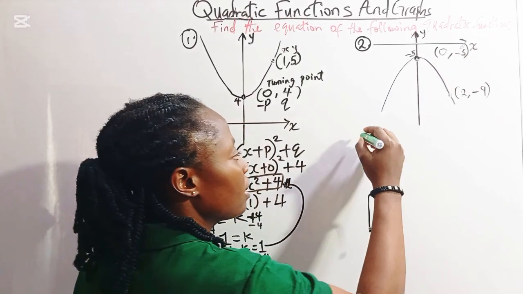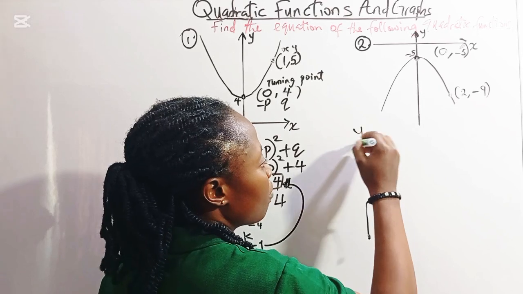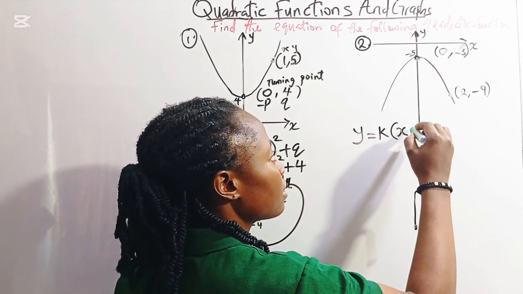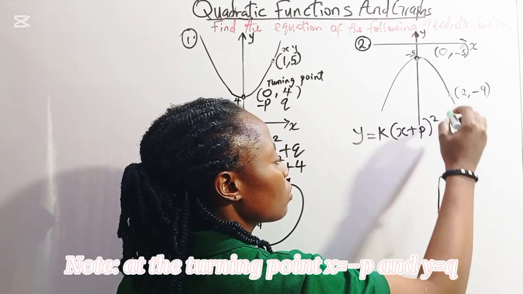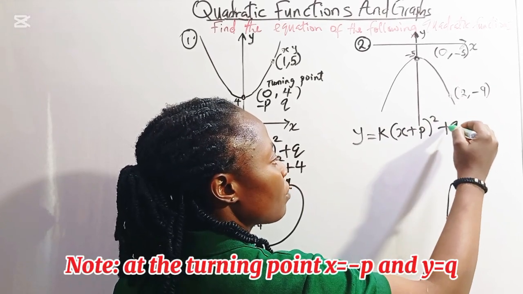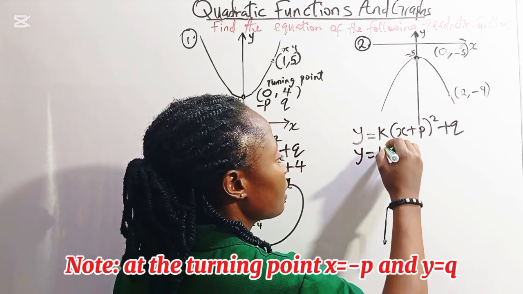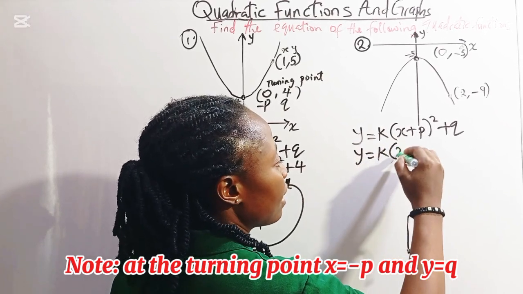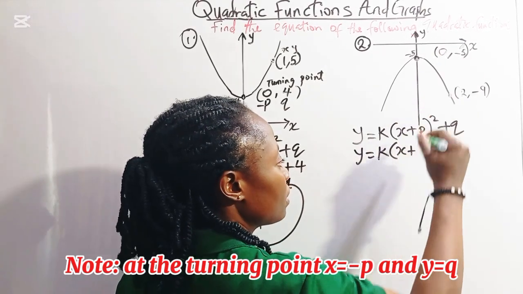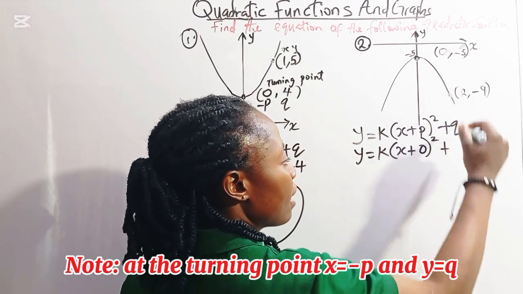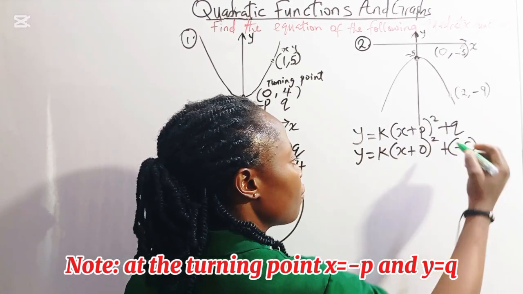Good. So let's put that in our formula. We have y equals k, open the bracket, x plus p, all squared, plus q. So we have y equals k, open a bracket, x plus our p, which is 0, then all squared, plus our q, which is negative 5.